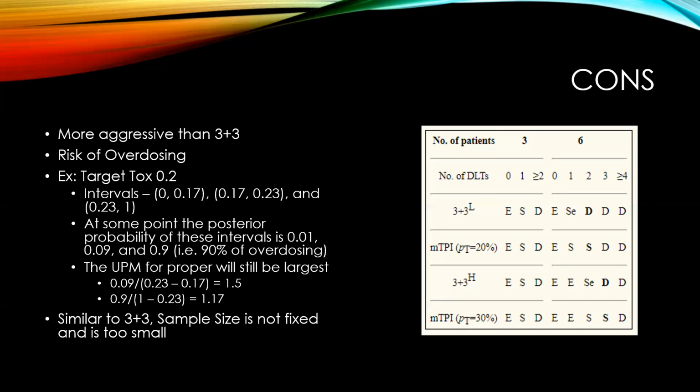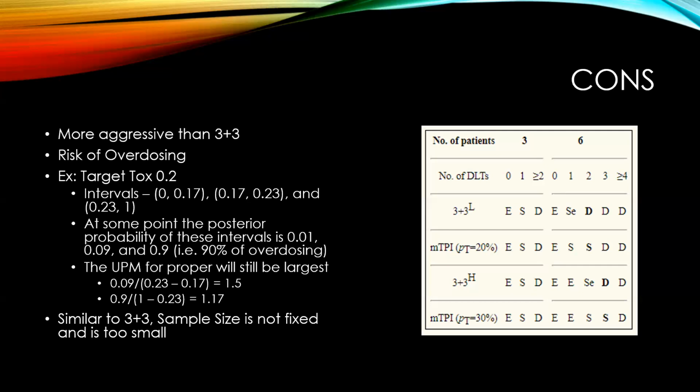Same thing if we're looking at a target toxicity of 30% in these decision-making frameworks. The 3+3 is choosing to de-escalate when there are about 3 of 6 patients with a DLT, 50%, whereas the MTPI is choosing to stay. Just looking at that at face value, that's not correct. That shouldn't happen.